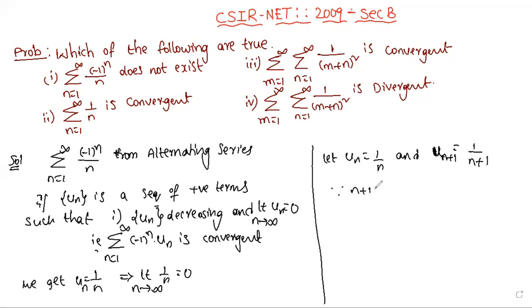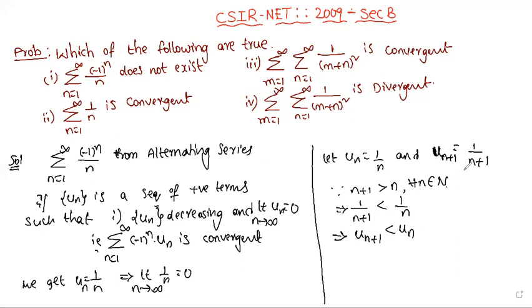Since n plus 1 is always greater than n for all n belonging to N, the reciprocal 1 by n plus 1 is always less than 1 by n. That implies un plus 1 is less than un.